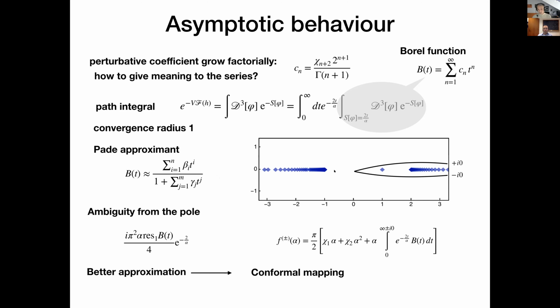It's exactly given here in blue. And then you will see in this O4 case that you will have a pole singularity at location 1 on the real line. And then you will see many, many poles condensing starting at 2, and also many poles condensing starting at -1. So maybe that's why it's a good idea to go to the Borel plane, because you have a well-defined analytic structure with poles and cuts.